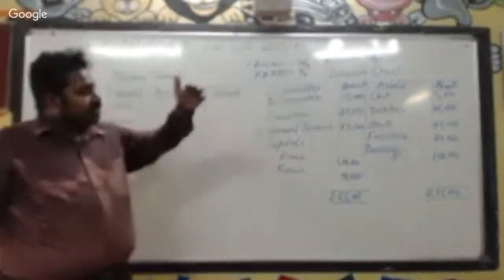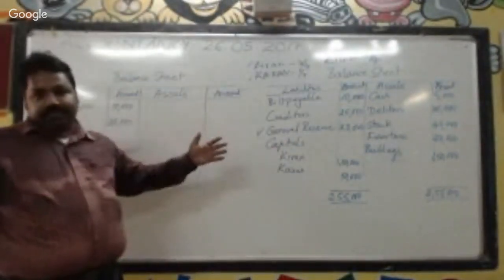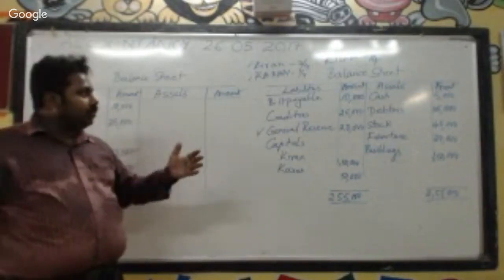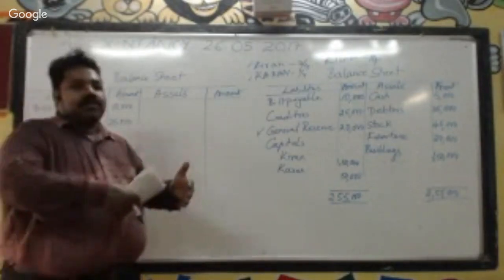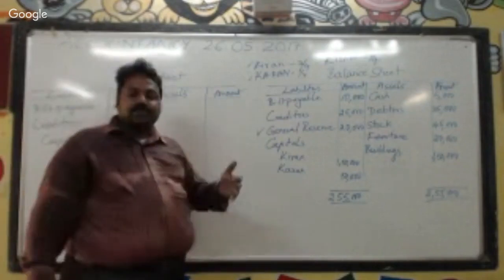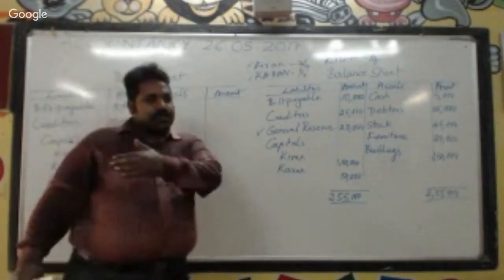Obviously, when Kishore is entering into the partnership, they have to share everything, whatever profits and whatever losses are there, because they cannot give the profits to Kishore, because he has not entered into the business. He's going to enter into the business. So till that particular period, they need to share everything.